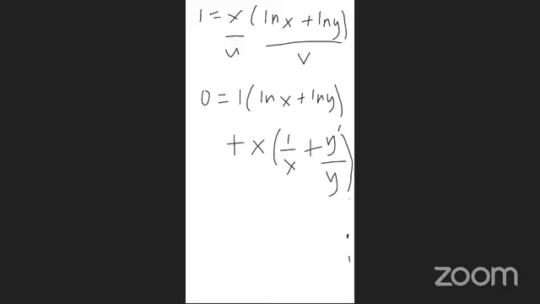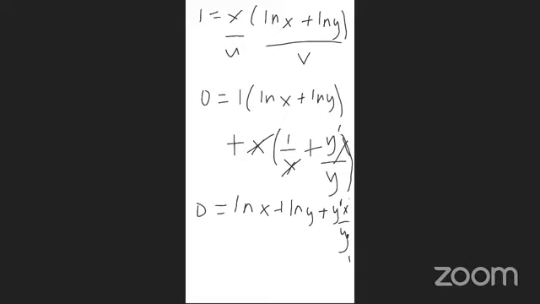Then, if i-multiply na to siya, kani ma-cancel, diri kay na siya x diri. Right? So, may mo na ni siyang, so 0 man ni siya. 0 is equals to ln of x plus ln of y plus y prime times x over y, di ba?